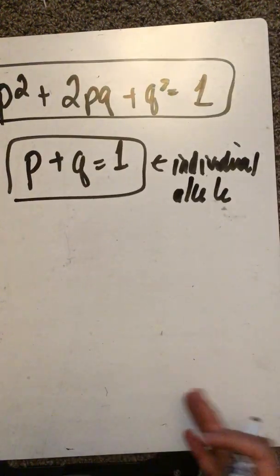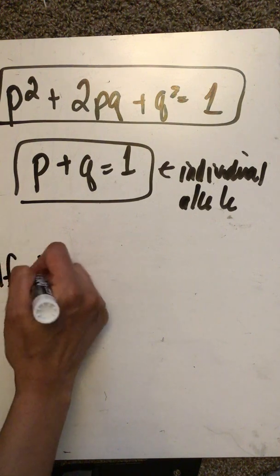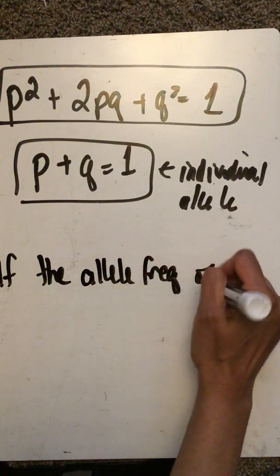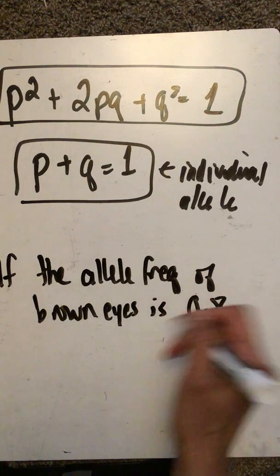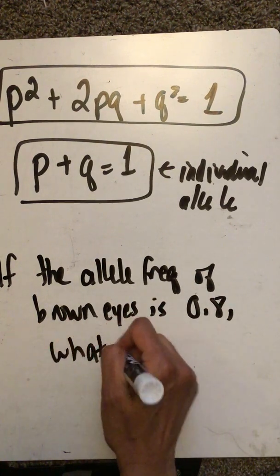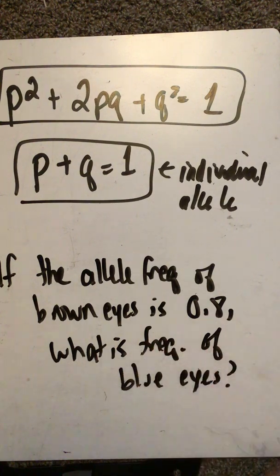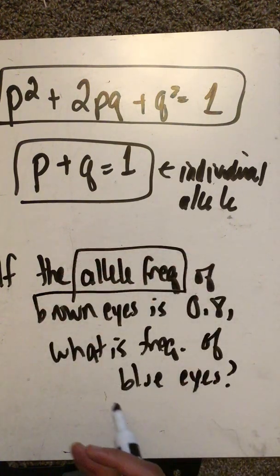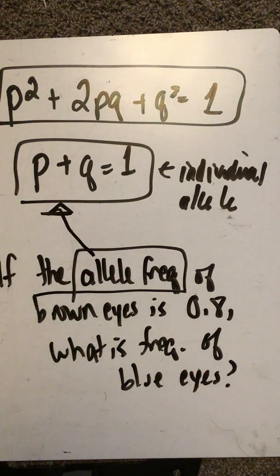Okay, so the questions that they're going to give you look like this. If the allele frequency of brown eyes is 0.8, what is the frequency of blue eyes? That's the kind of question they're going to give you. They're talking about the individual allele frequency, so you've got to use that equation.